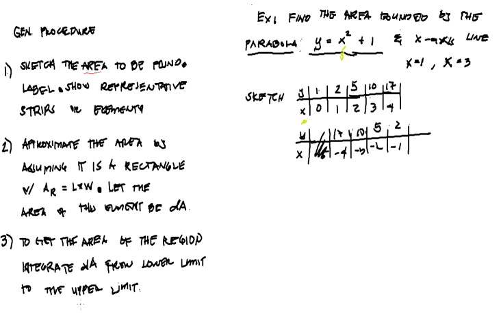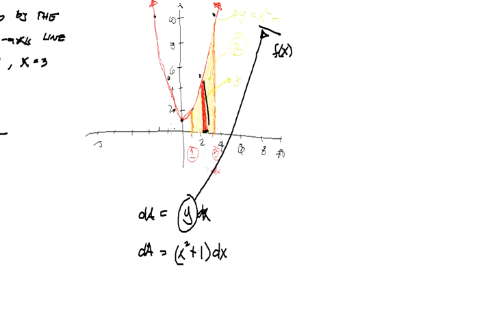To get the area of the region, integrate dA from the lower limit to the upper limit. So we need to determine the area represented by the strips from the lower limit up to the higher limit. From the lower limit, which is equal to 1, we need to integrate this from 1 until we sum all the strips up to 3.